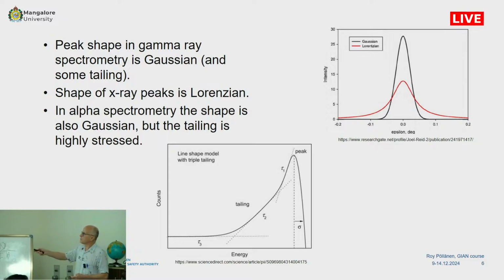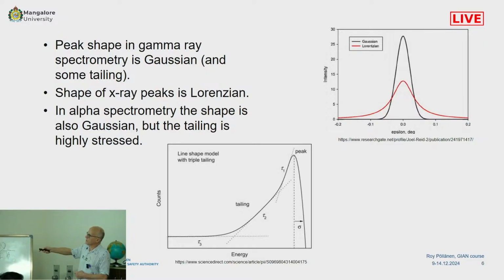So peak shape, it is usually Gaussian. However, shape of X-ray peaks is Lorentzian. However, we do not consider these Lorentzian things because it's only for X-rays, and photon energies are quite low. In this course we are analyzing or using only gammas.